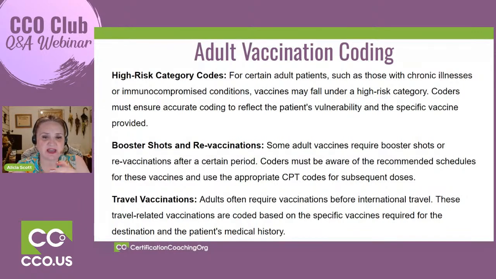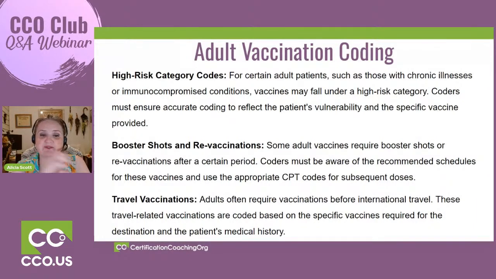Booster shots and revaccinations, we know that even if we give COVID as an example, that's multiple boosters. I mean, I don't know, are they like in 4 boosters they were given out? I can't even remember. And it's over a certain period of time. Be aware that there's a recommended schedule for booster shots, and the vaccines have appropriate CPT codes for subsequent doses. That's what a booster would be classified as, a subsequent dose.